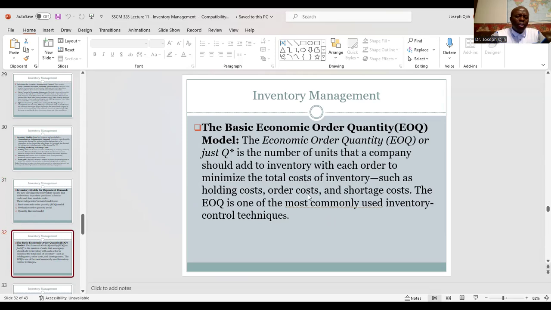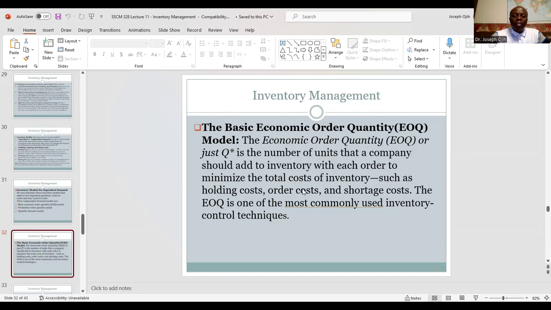Now, according to the basic economic order quantity model, or what I call the EOQ, or just Q star, this model refers to the number of units that a company should add to inventory with each order to minimize the total cost of the inventory.